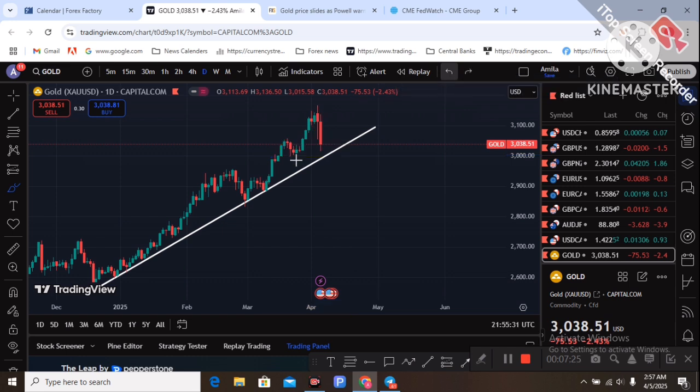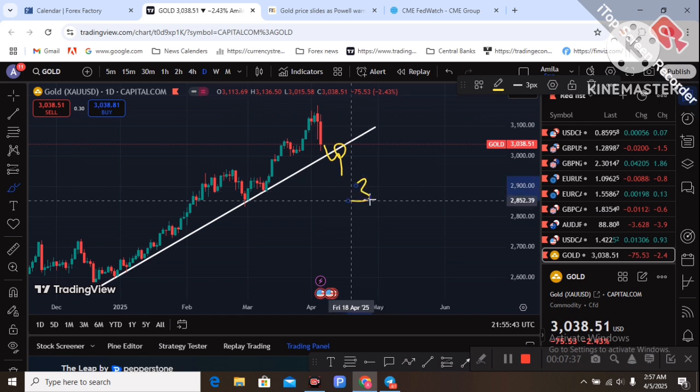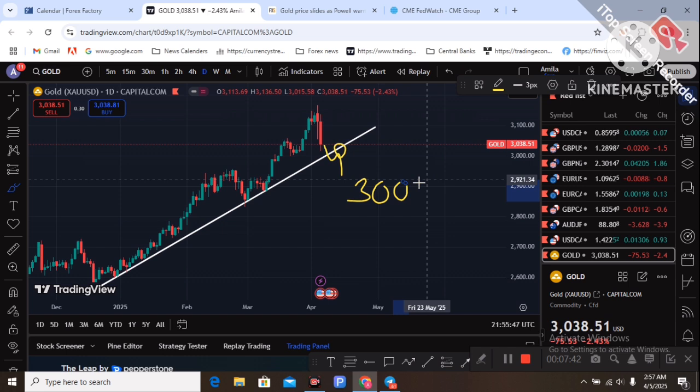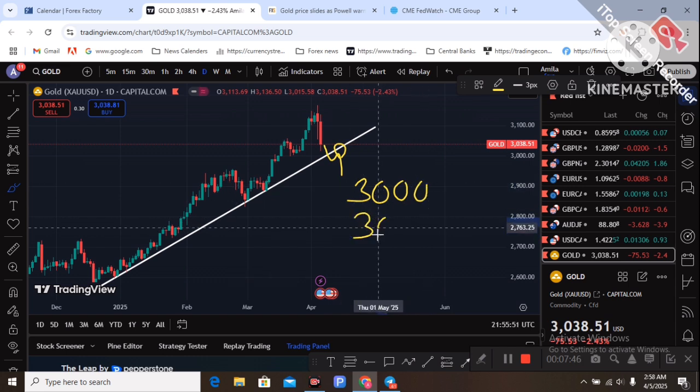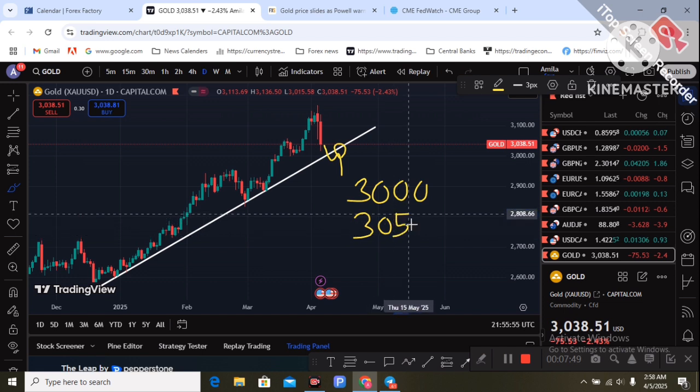If this trend line breaks out, that is the sell opportunity. The 3050 area is also the trend line area. The 3000 area is the big support zone next week, and the 3050 area is the big resistance area next week. Those are the two interesting zones.